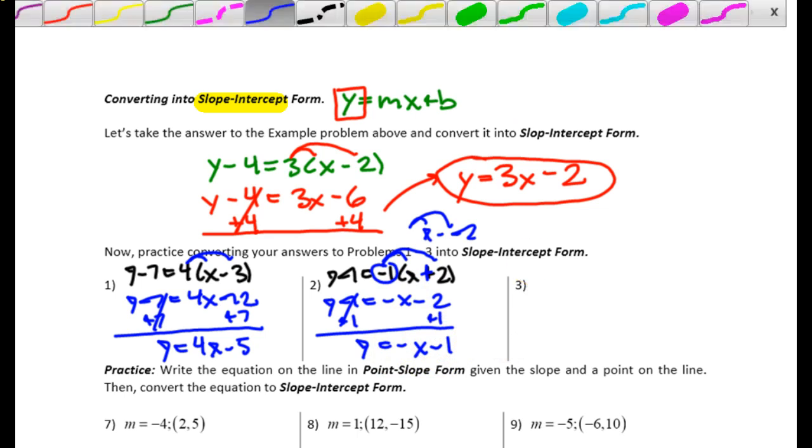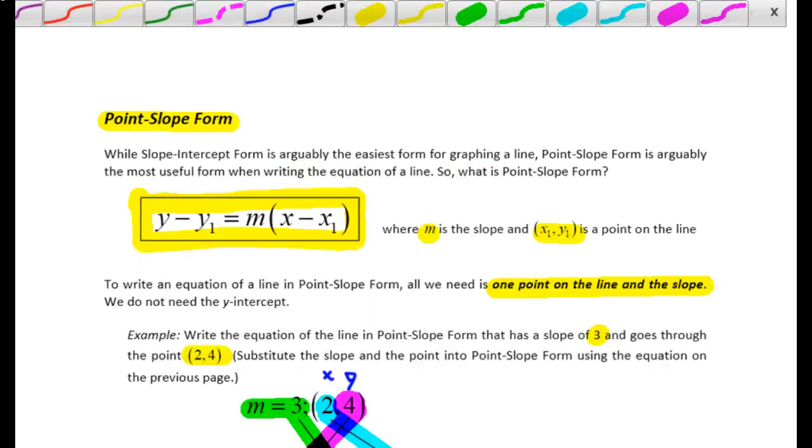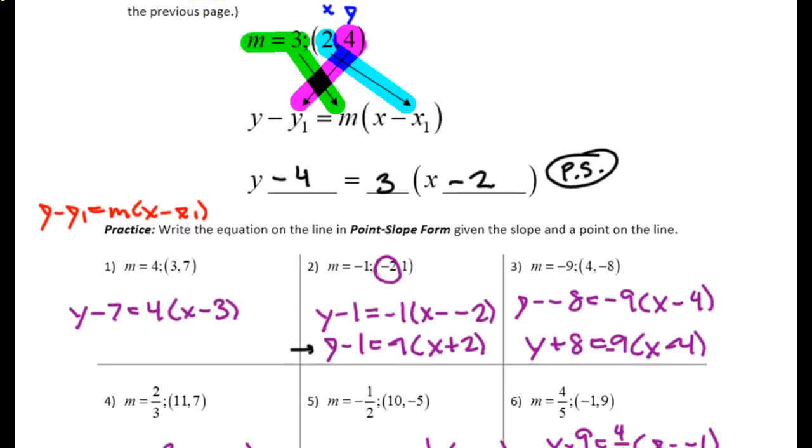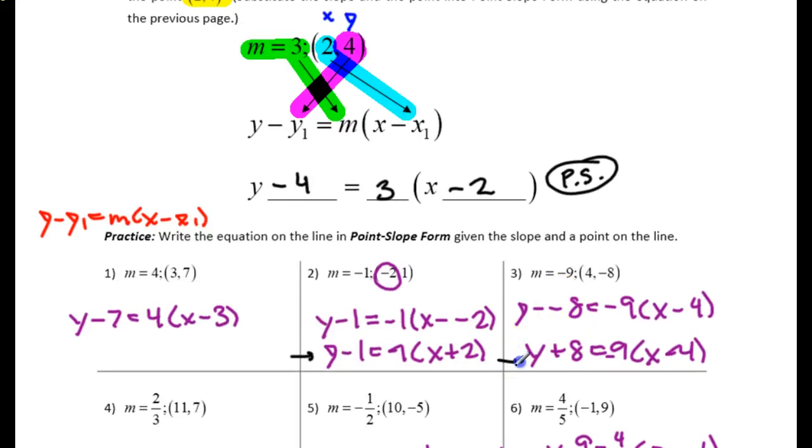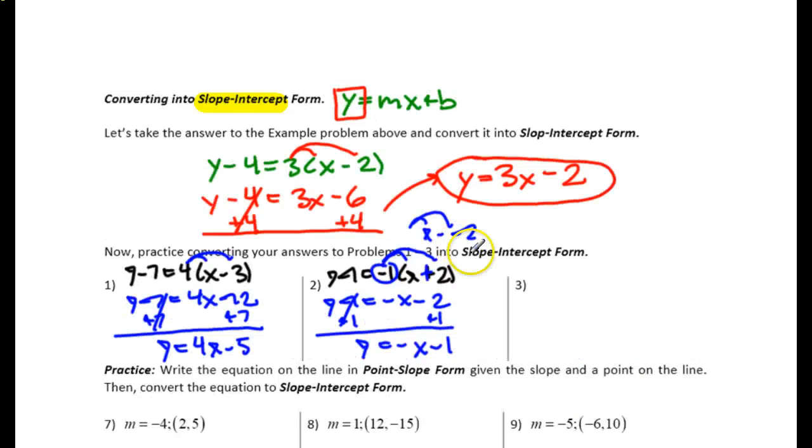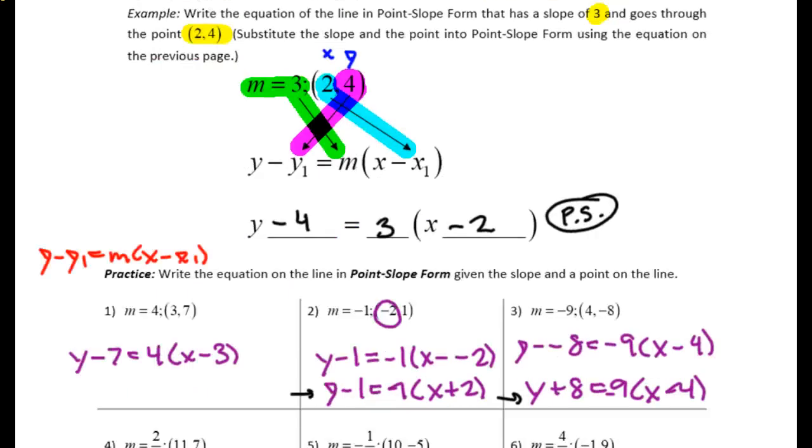Okay? Alright, last example. Let's get number 3 from the front. Number 3 was y plus 8 equals negative 9 x minus 4. Double check that.